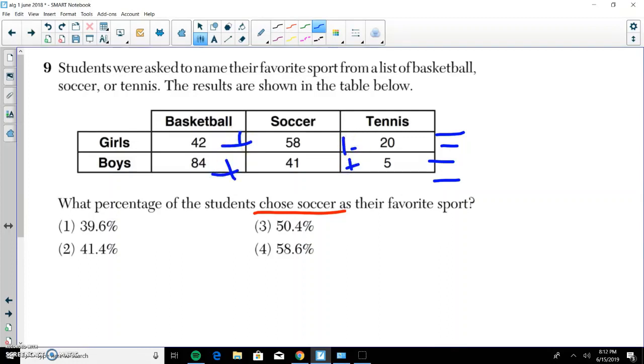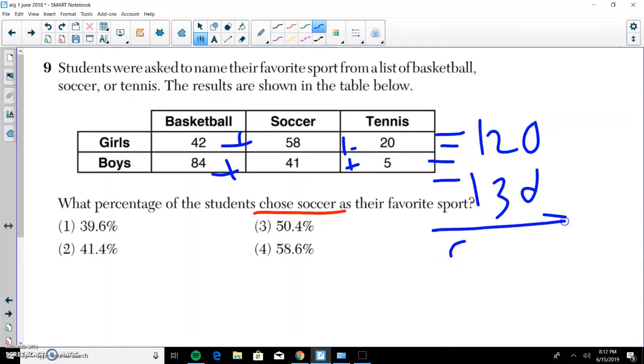Type in your calculator, 42 plus 58 plus 20 equals 120. 84 plus 41 plus 5 equals 130. Then you add these two together, and you get 250, not 240.